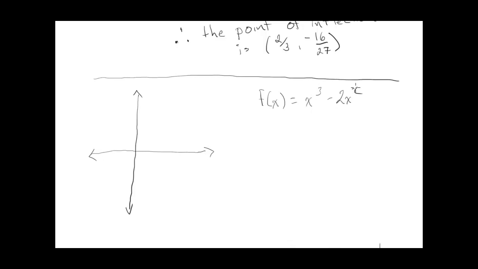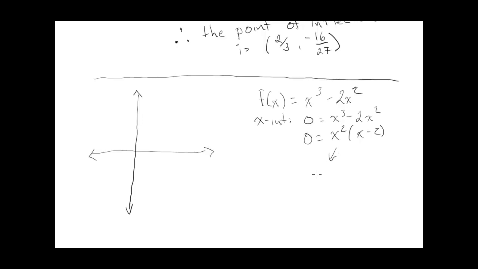It might help just to get the x-intercepts. That would be setting the function equal to 0, so x squared times x minus 2.